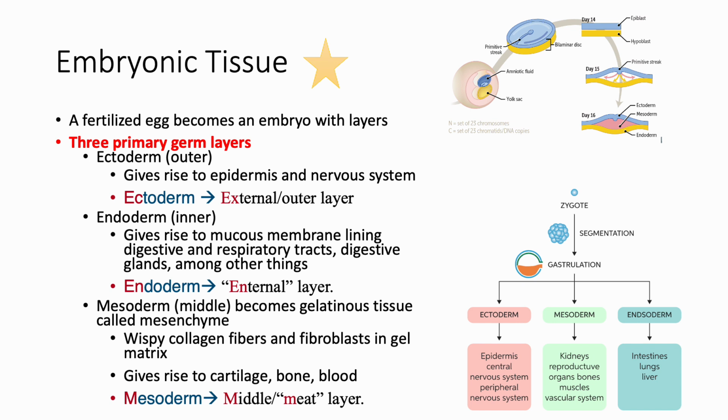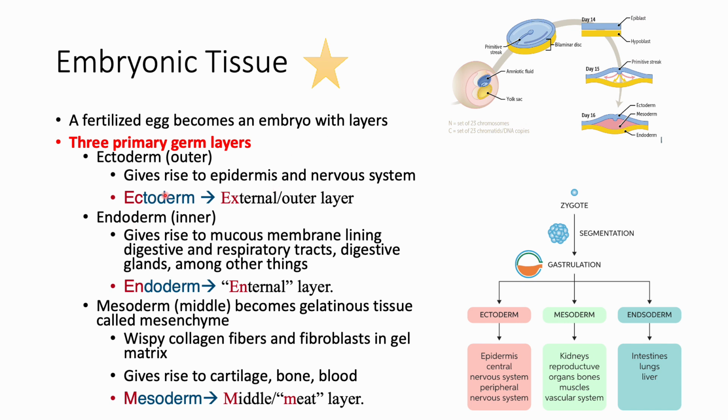Those three primary germ layers are the ectoderm, the middle layer, which is the mesoderm, and then the endoderm. In the top right image here, we see our three primary germ layers, the trilaminar germ disc. Ectoderm, mesoderm, and then the endoderm. Let's see what comes from these three primary germ layers.